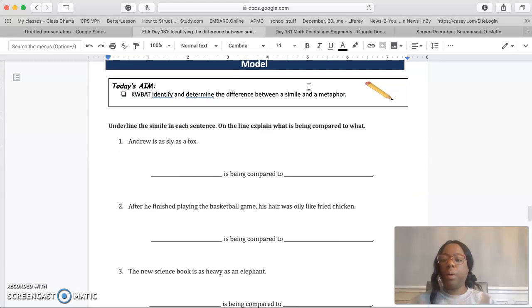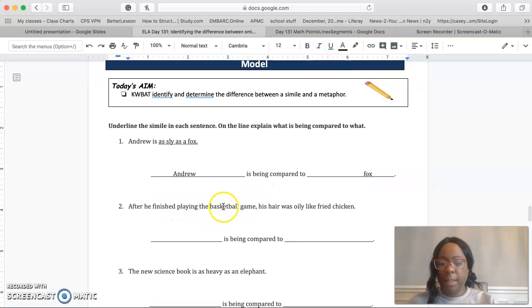For our model, we're going to make sure that we're underlining the simile in each sentence. And then on the line, we're going to explain what is being compared. Now, Andrew is as sly as a fox. We're underlining the simile, and then we're comparing Andrew to a fox. All right, next sentence.